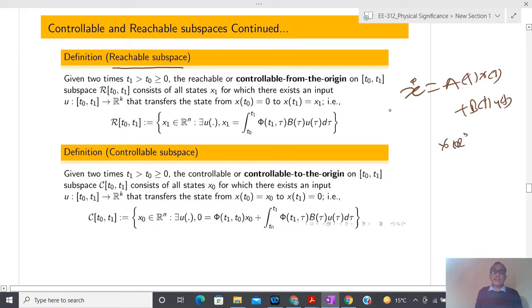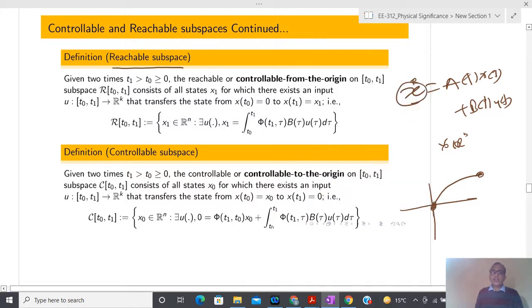Since I have to manipulate this state, I have to make sure whether it is possible to move from the origin, which is always included. So is it possible to move from the origin to somewhere, meaning if the system is at rest, is it possible to move from one point to another point.